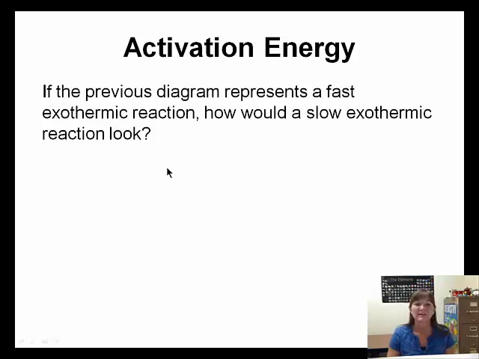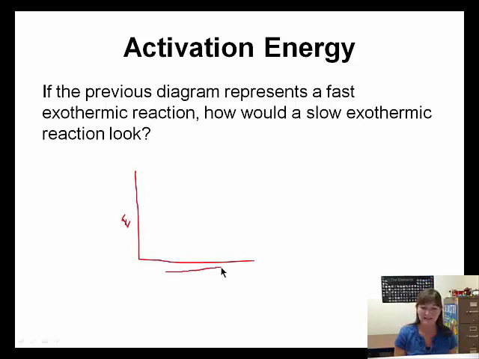If the previous diagram represented a fast exothermic reaction, then how would a slow exothermic reaction look? I kind of answered that question for you. You would still have your y-axis, which we would label energy, and the x-axis would be the reaction, our abbreviation for reaction process. You can start anywhere you want. It's kind of arbitrary if we're not going to have tick marks along the y.